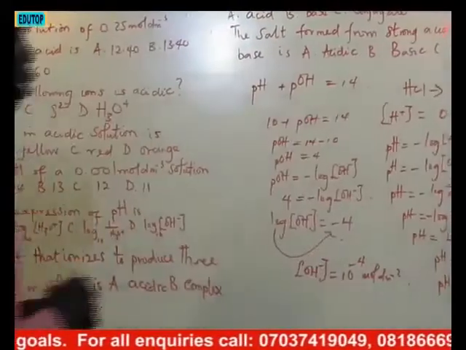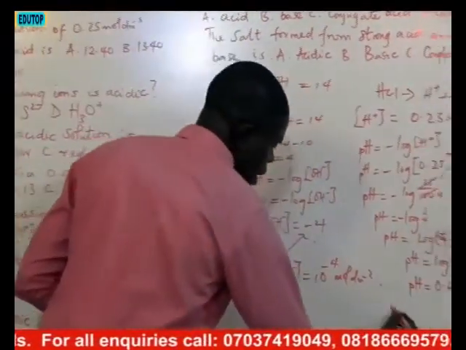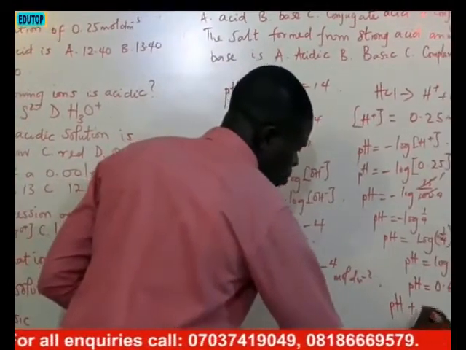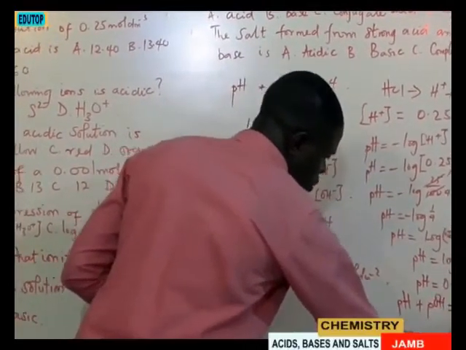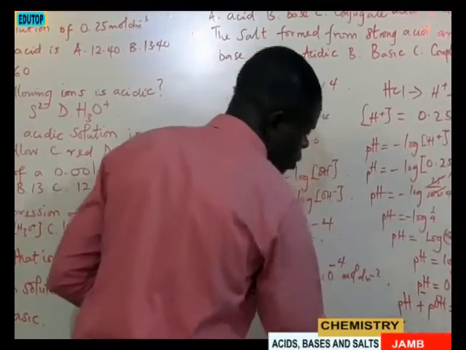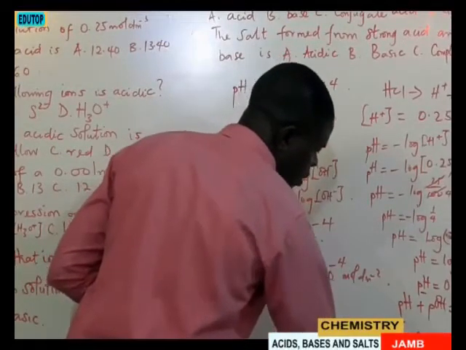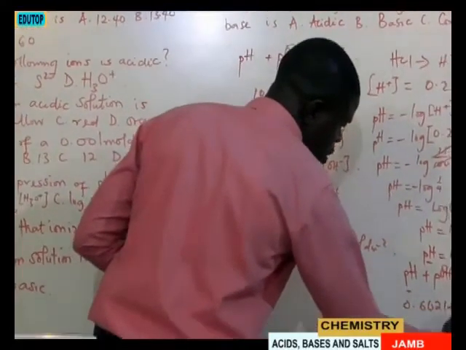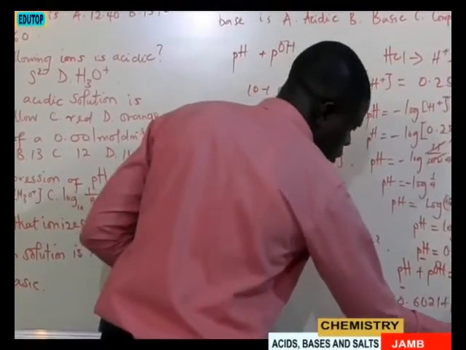The pOH. And we know that there is a direct relationship between pH and pOH: pH plus pOH equals 14. And since we have calculated pH, automatically 0.6021 plus pOH equals 14.